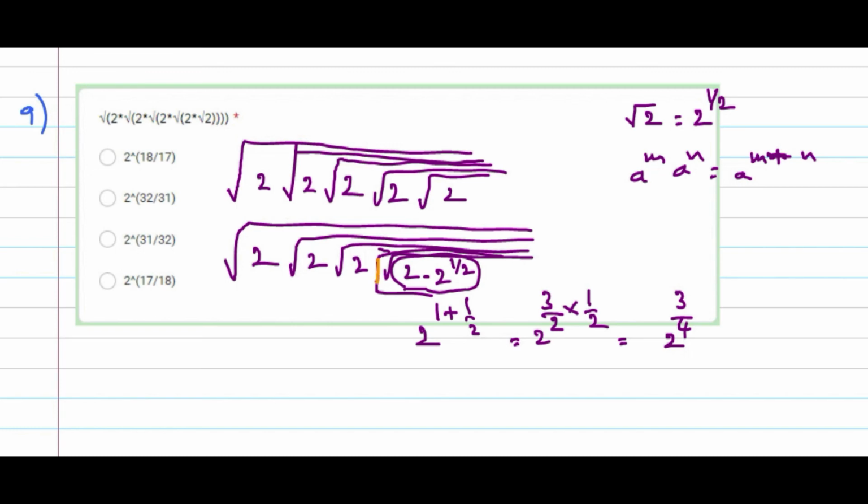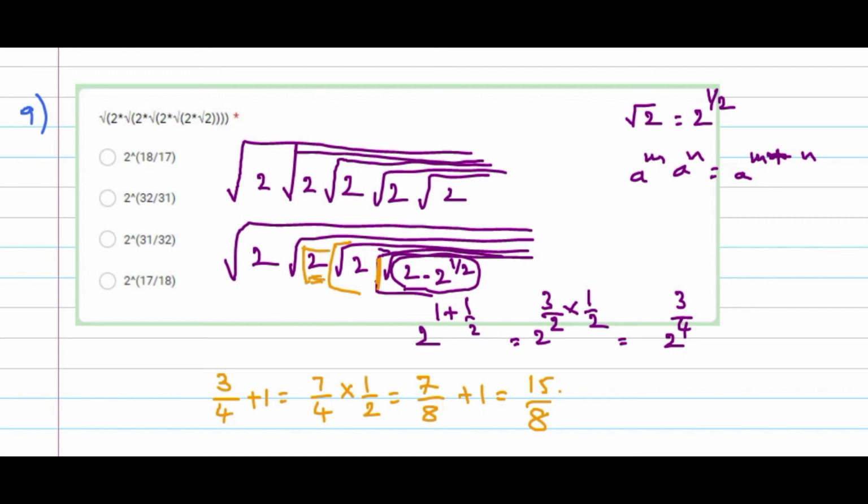Now again 2 will be there, so 3 by 4 plus 1 is equal to 7 by 4 for this, and square root is there, into 1 by 2, which is equal to 7 by 8, and again 2 will be there, plus 1 is equal to 15 by 8. So up to this part is over.